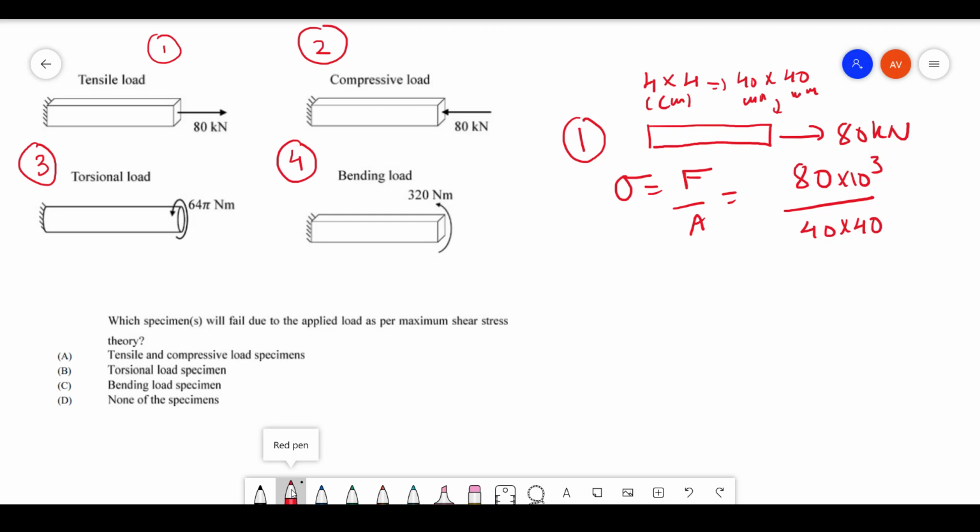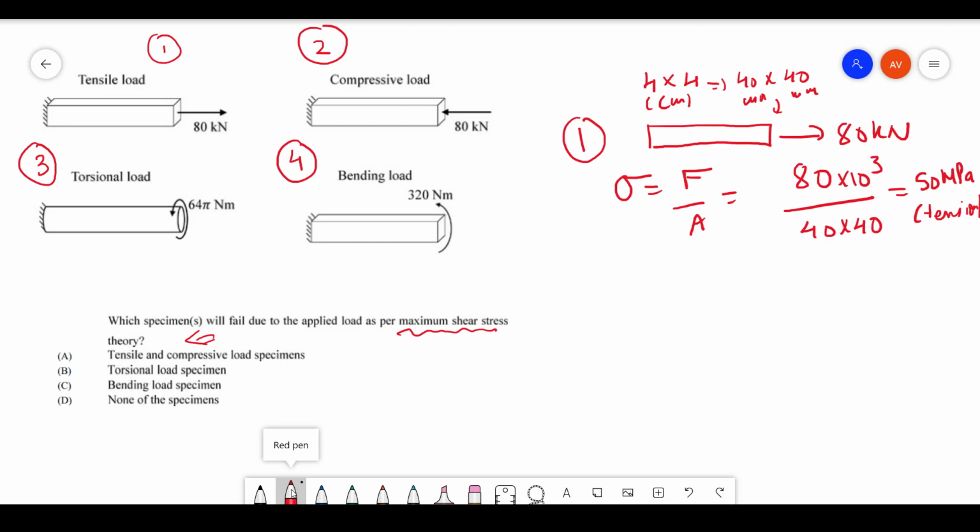Therefore your sigma is going to be 50 MPa. This is tension. Now, according to maximum shear stress theory, you need to use it to find the failure point.